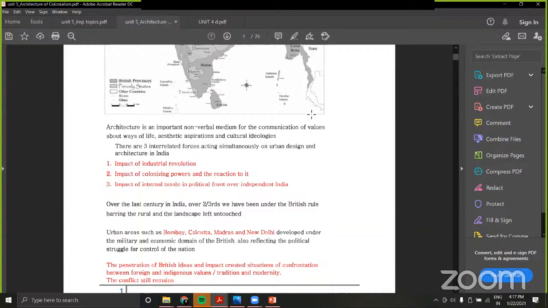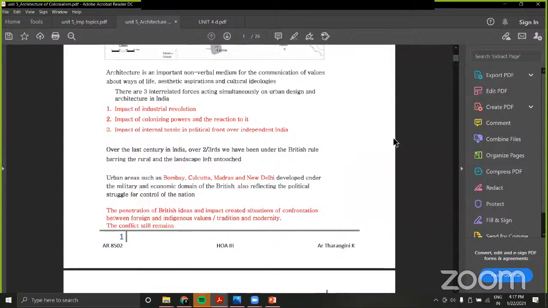As we all know, we had independence in 1947. Before independence, we had British rule in India, which also had some impact on the architecture and the buildings. We will see all these one by one, how people started coming into India and modified all our buildings.